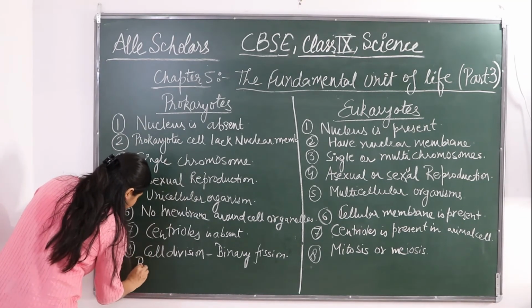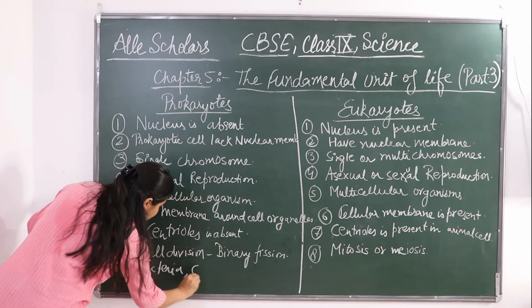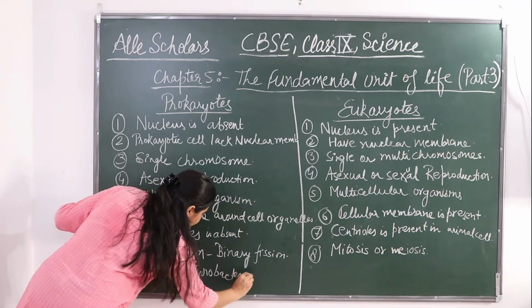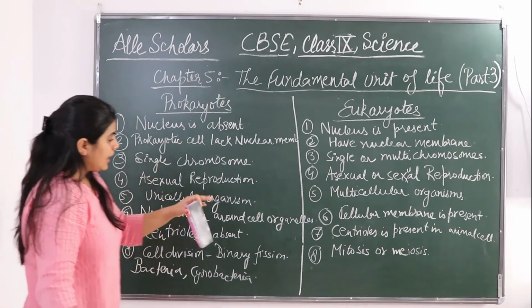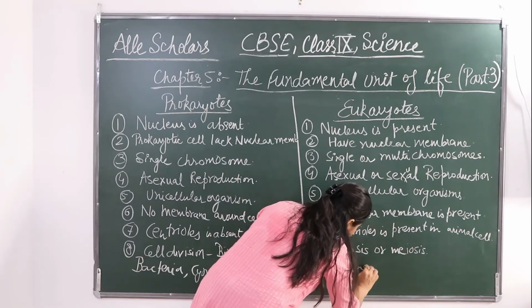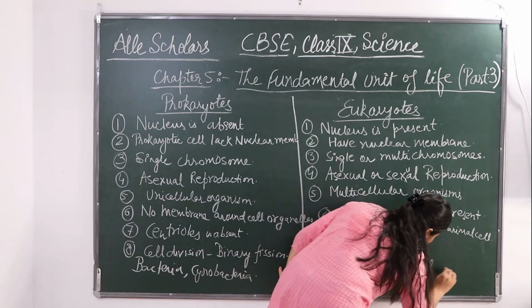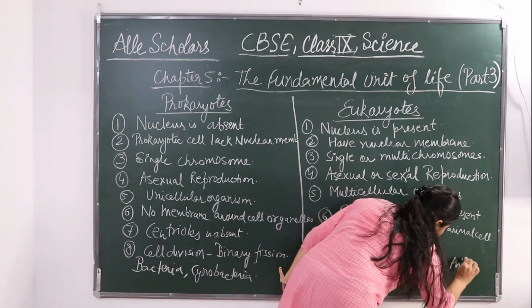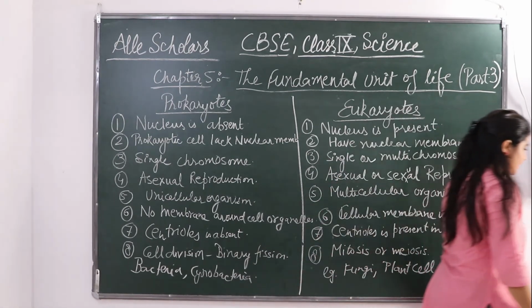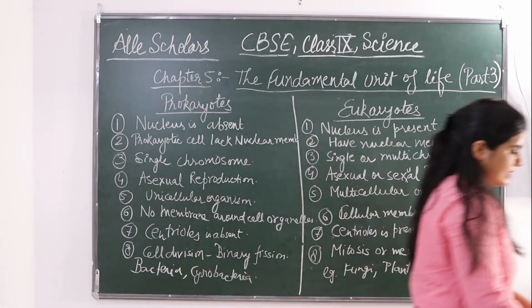Examples of prokaryotes are bacteria or cyanobacteria, meaning blue-green algae. Examples of eukaryotes are fungi, plant cells and animal cells. So this was the difference between the eukaryotic cells and the prokaryotic cells.